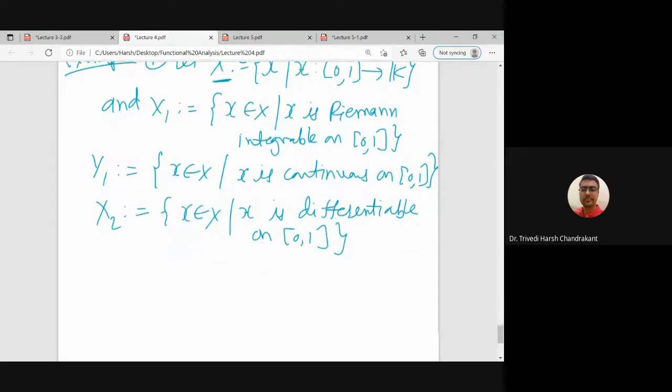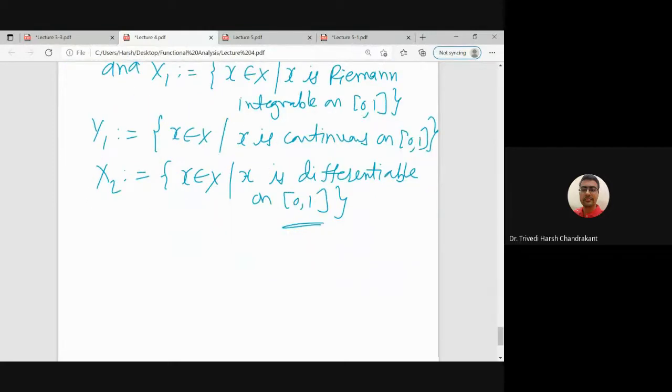Usually we define differentiability on the open interval, but here we are defining differentiability over the closed interval. So at the endpoints we can define it in the extended sense. That means at 0 the right derivative exists, and at 1 the left derivative exists.